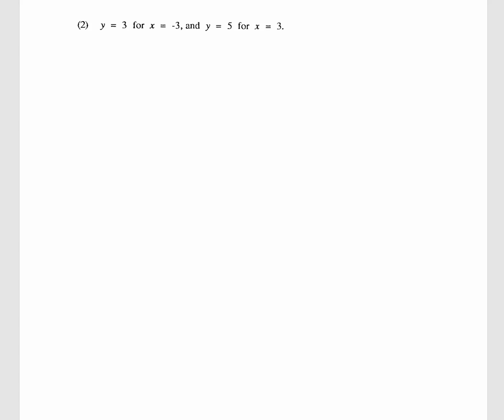So in part 2, the information we've been given is that when y equals 3, x equals negative 3, and when y equals 5, x equals 3. So this corresponds to the points negative 3, 3, and 3, 5.